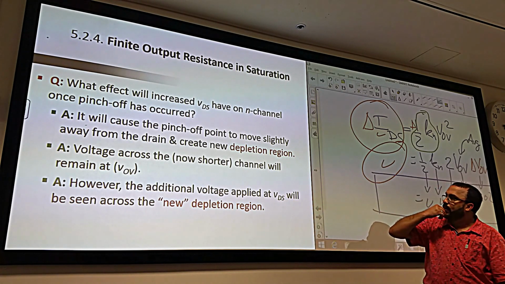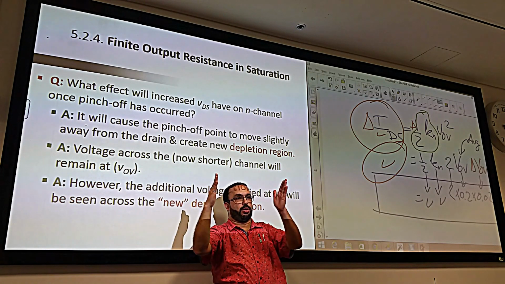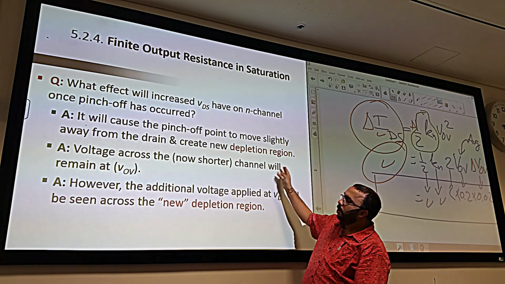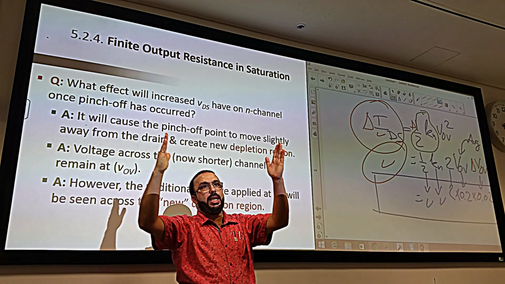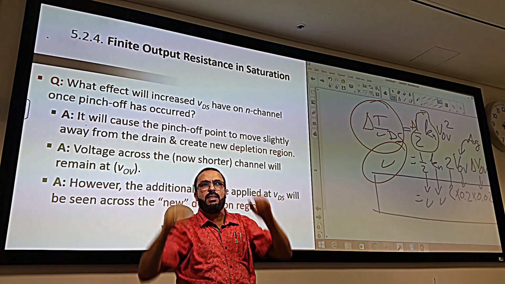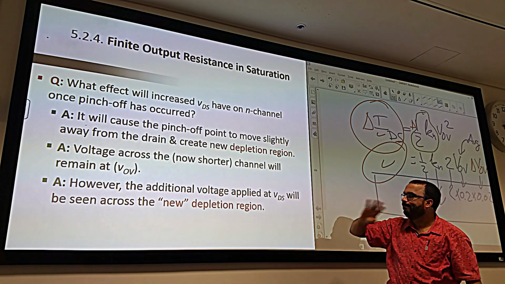Okay. So basically, the voltage across the channel, which is now shorter, what will happen to that? It will remain at overdrive. So the channel itself remains at the overdrive, but the length has shortened thanks to the VDS.